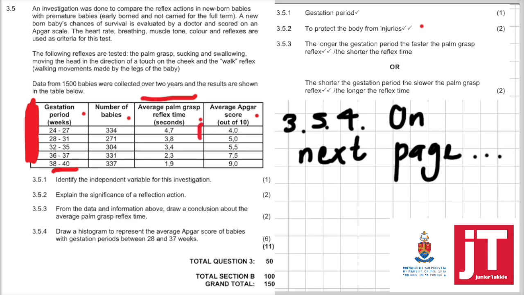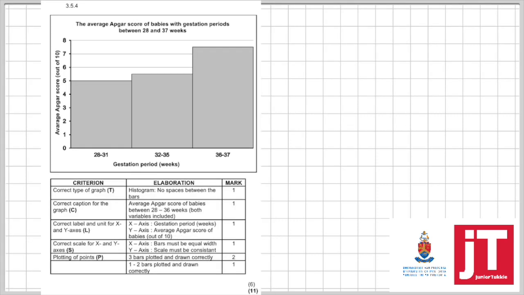And then the last thing is 3.5.4. Draw a histogram to represent the average APGAR score of babies with gestation periods between 28 and 37 weeks. That I've put on the next page. So here you have your average APGAR score out of 10, gestation period in weeks.